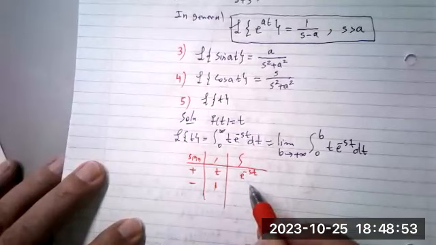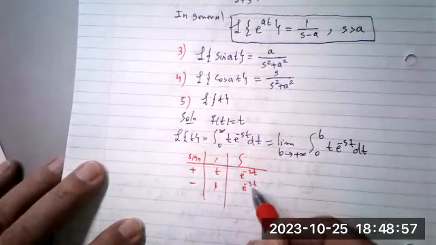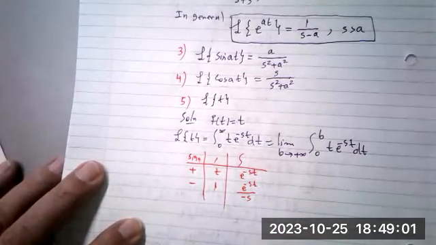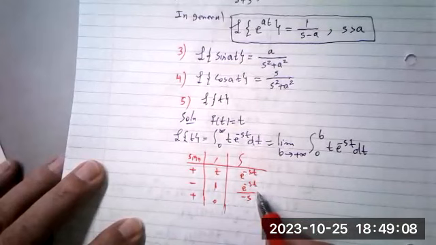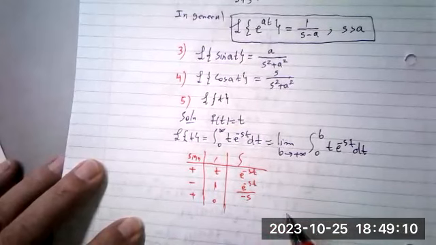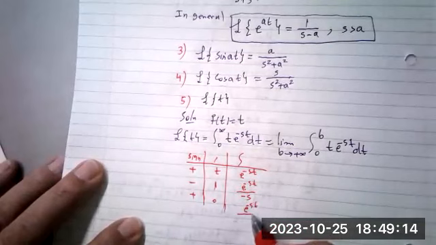You integrate e to the negative st. It's going to be the e function, but you have to divide by u prime, which is negative s. We continue. This would be positive. Derivative of 1 would be 0. You integrate e to the negative st again, which would be e to the negative st divided by negative s. You already got the negative s here, so you make it into s squared.